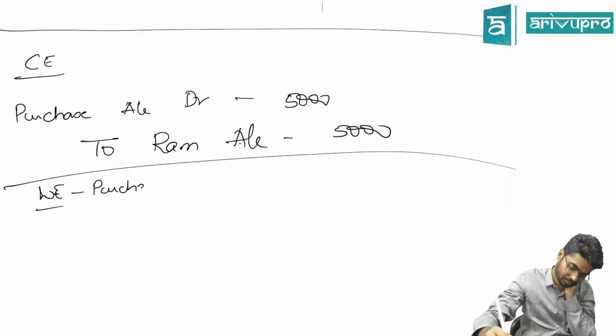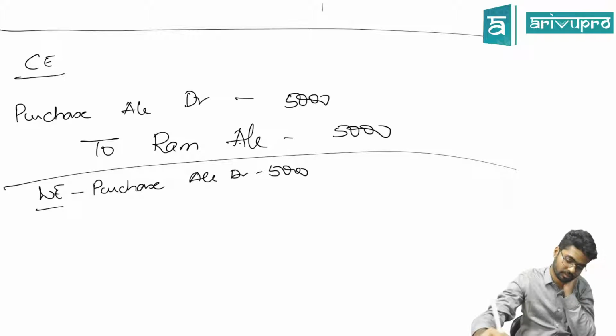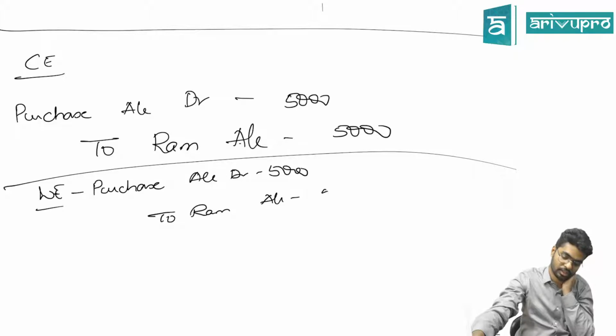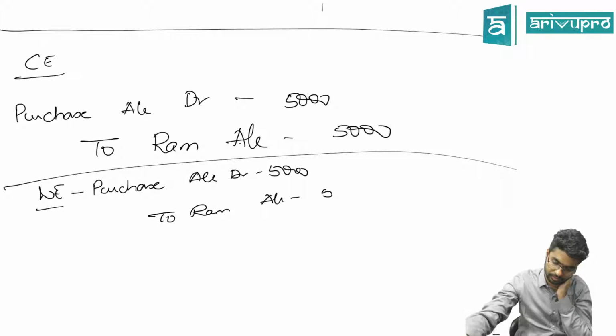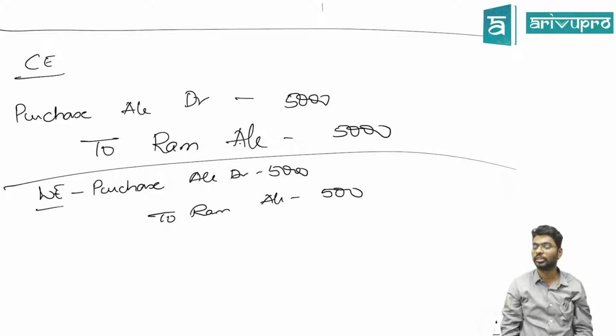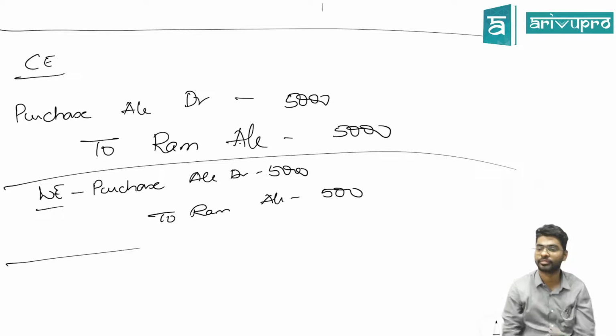Purchase account debit to Ram account. Correct, no? What was the rectification entry?